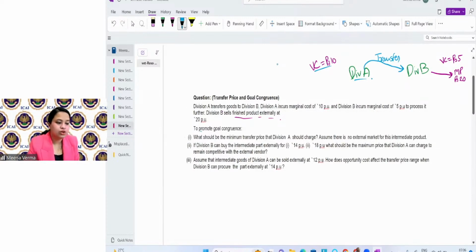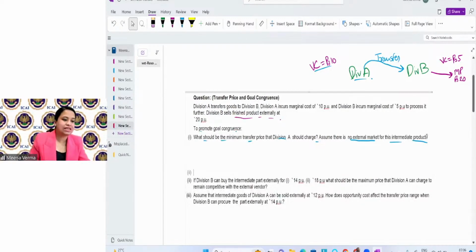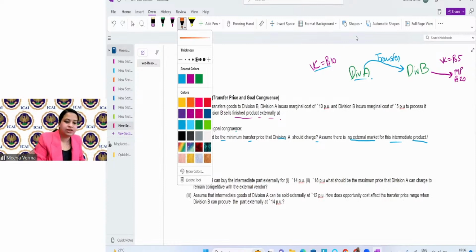Then, to promote goal congruence, what should be the minimum transfer price that Division A should charge? Assume there is no external market for this intermediate product. So Division A has no external market.